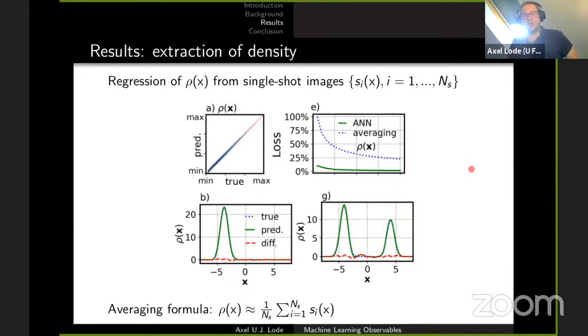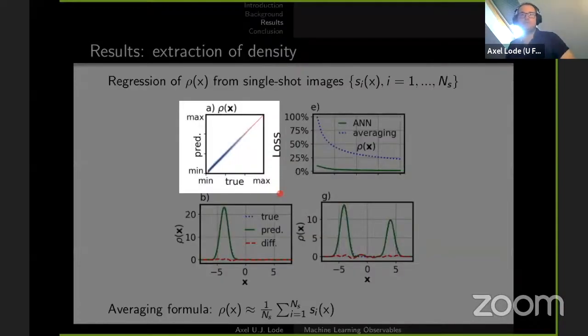So as a first measure, we use a number of single shot images in position space, this is important, to extract the one-body density, which is the diagonal of the one-body density matrix. And we see, okay, so first of all, this top left panel shows the comparison of the predicted and the true values for our complete test set.